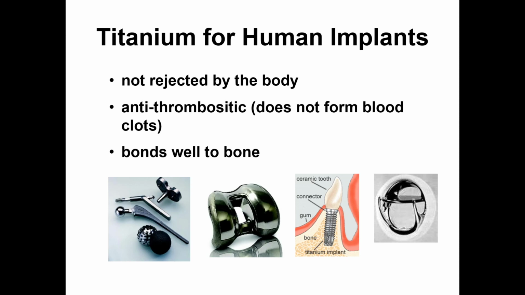Blood clots are bad in the human body. They can cause blockages, and I don't know if that's the same thing as a stroke. I think stroke is when a blood vessel bursts. I'm not sure, but certainly a blood clot can block a blood vessel, which is a pretty bad thing as well. Anyway, it also bonds well to bone, so it's good for making a dental implant.